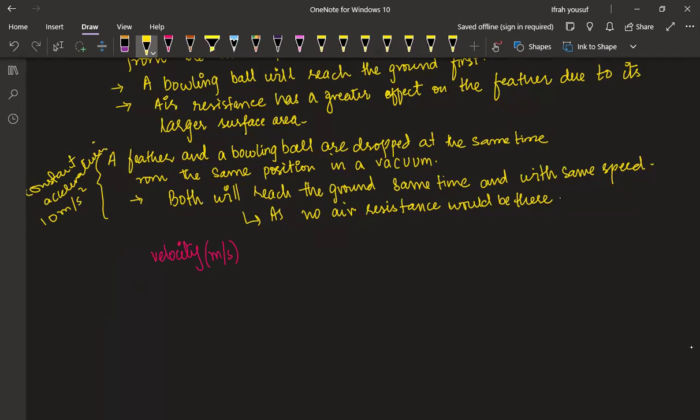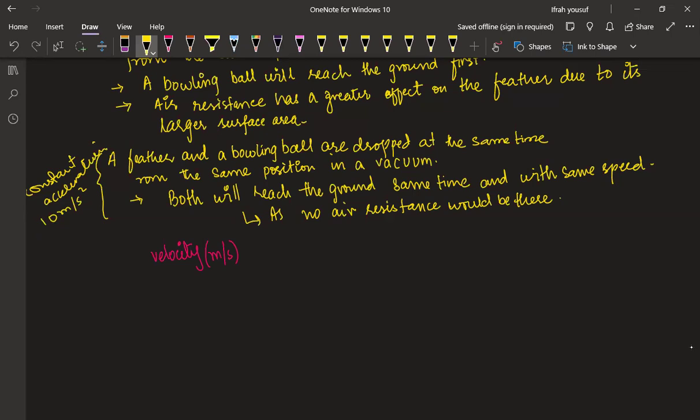There is no air resistance since the object is moving in a vacuum, not in the presence of air particles, so there would be no different speed. Are you getting my point?